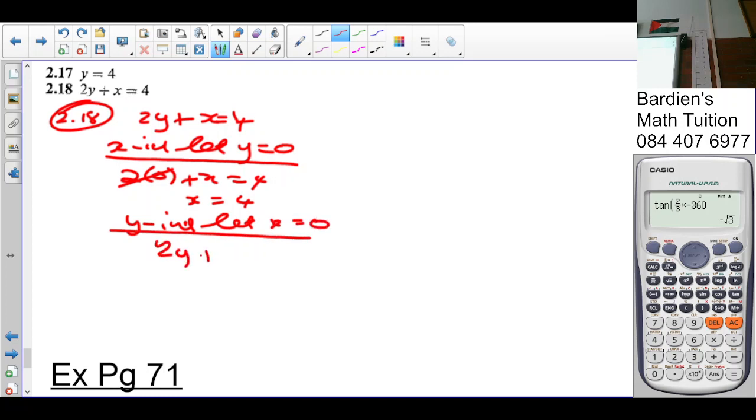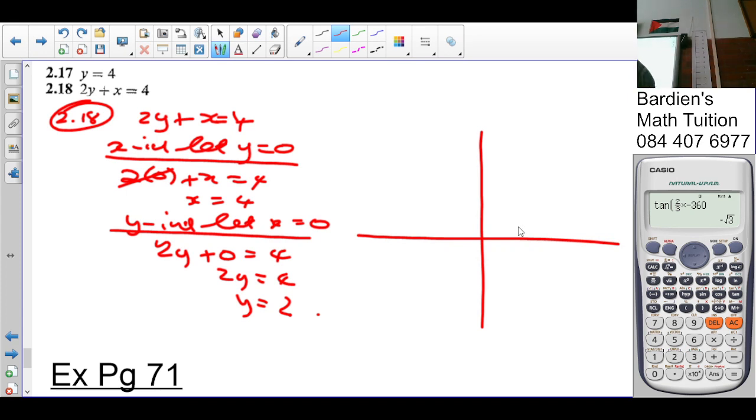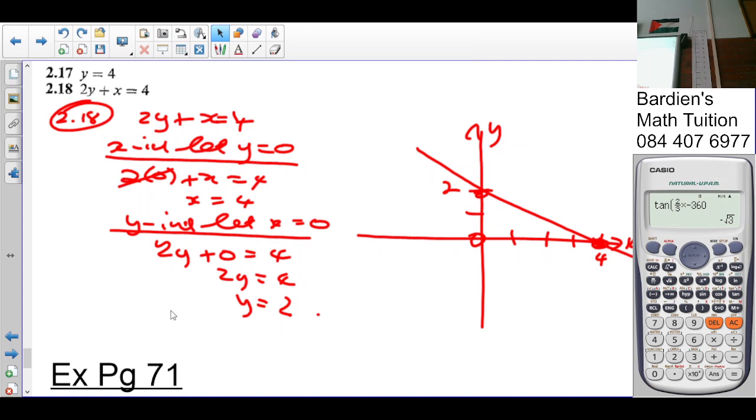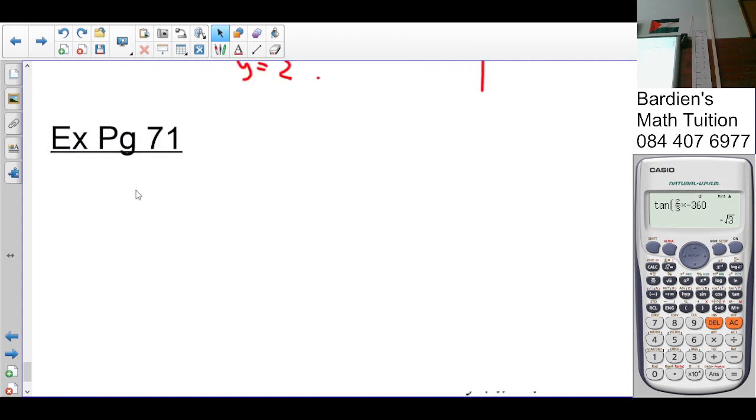So 2y plus 0 equals 4. So 2y is 4. Y is 2. X is 4. Going through those 2 points. That point there? That point. Okay. Let's carry on with our lives as if nothing is happening.